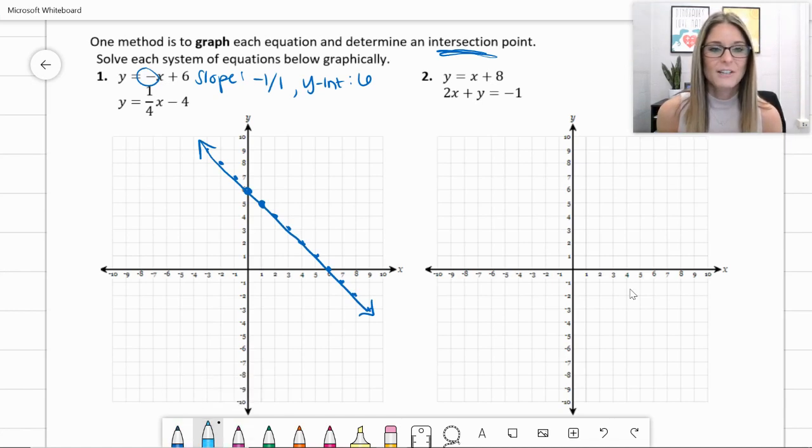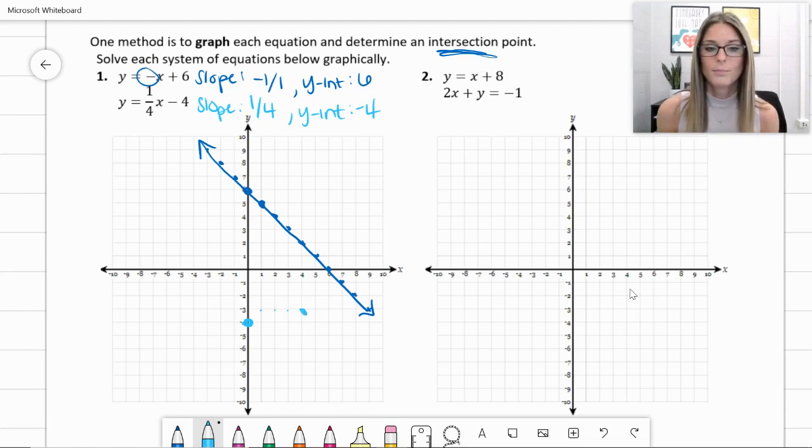The second equation I'll do in a different color. This second equation, y equals 1/4 x minus 4, is also in slope intercept form. The slope being 1/4. The y-intercept is negative 4. I'm going to start with that y-intercept of negative 4, plotting that on my y-axis down there. From there, go up 1 over 1, 2, 3, 4.